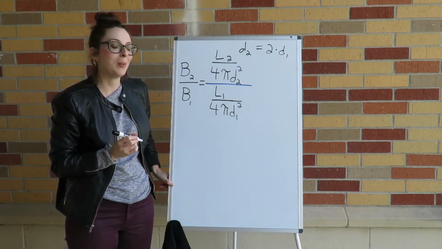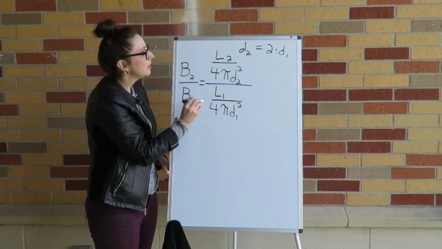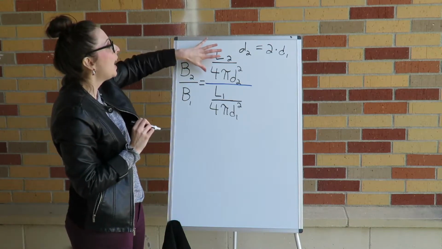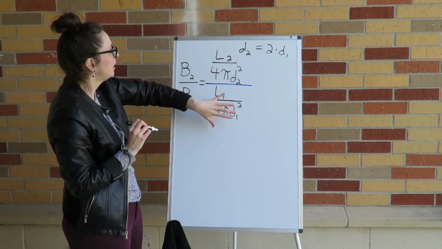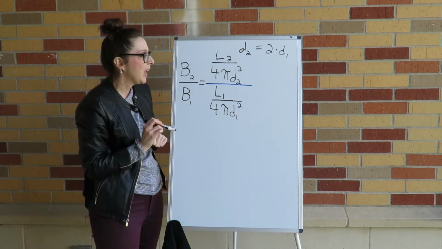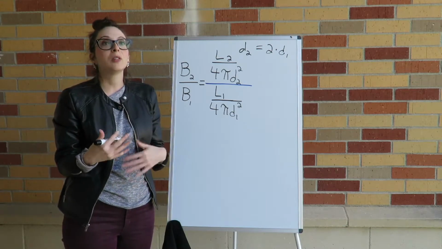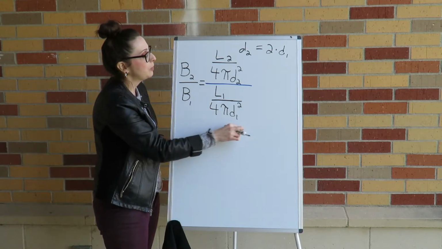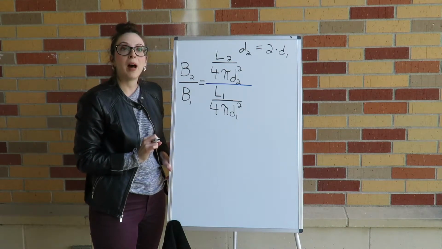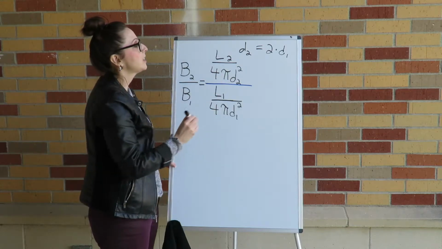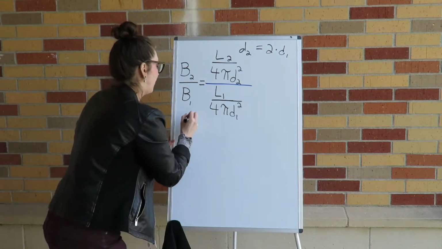We'll be using that here in a minute. Now we have a fraction where on the top we have a fraction, and on the bottom we have a fraction. And when we divide by fractions, this is the same thing as multiplying by the reciprocal of the bottom fraction. So I can rewrite this expression in the following way.